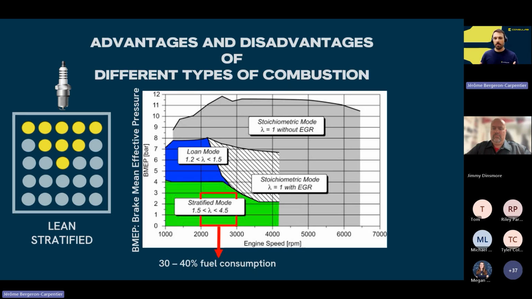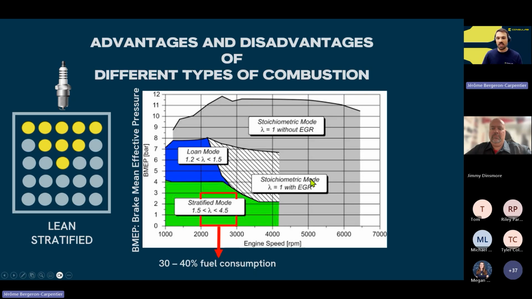So the stratified mode, like we said, is the transition. It's another layer added to the EGR system that we are now familiar with. Before stratified and GDI, we only had the EGR, with purge valves and stuff like that, or where the intake and exhaust valves are open at the same time at some point. So basically, that green zone was nothing.